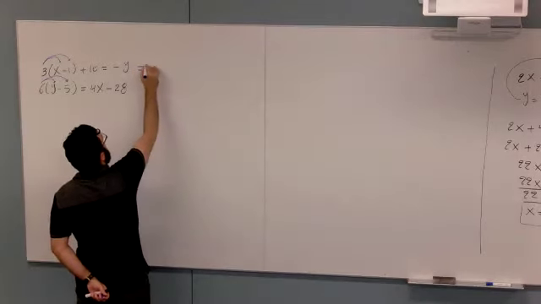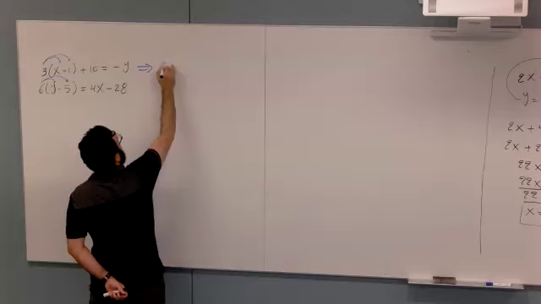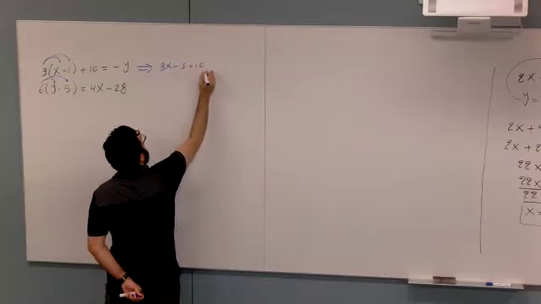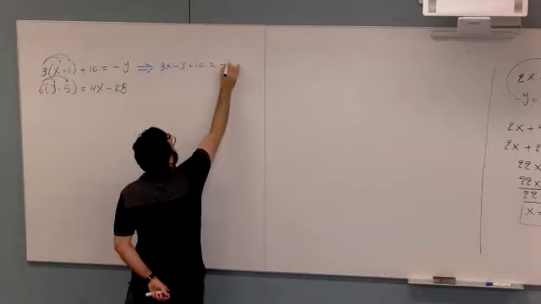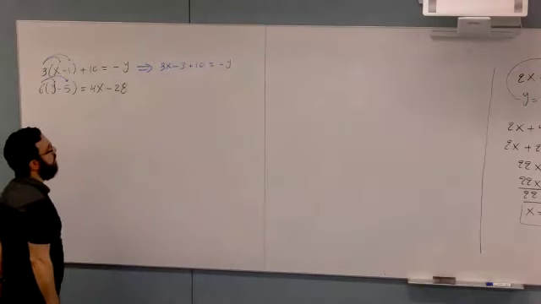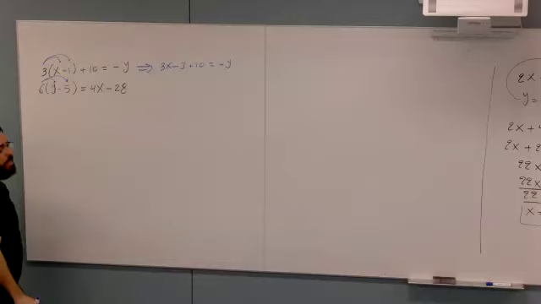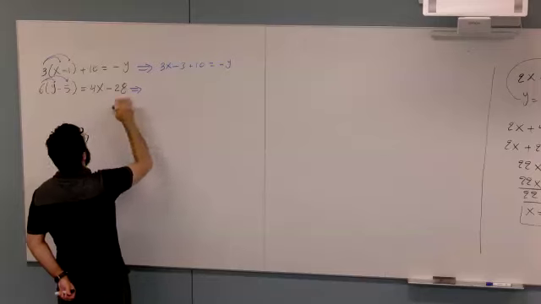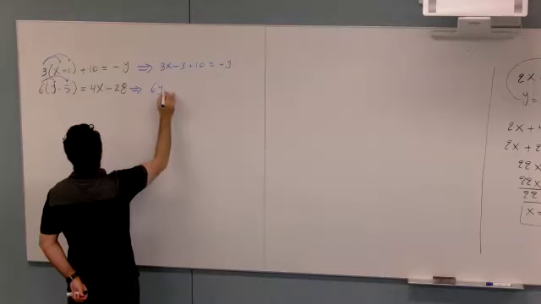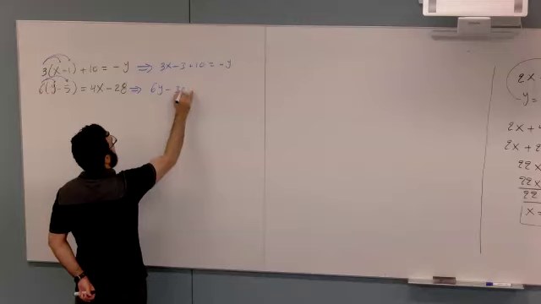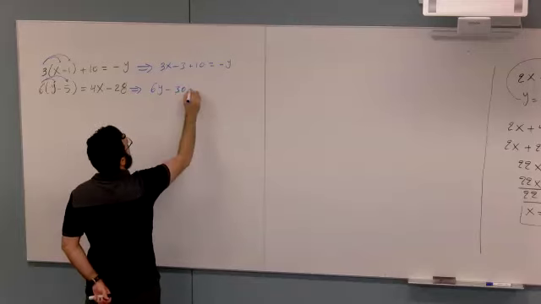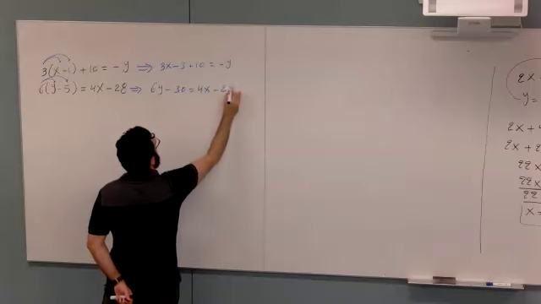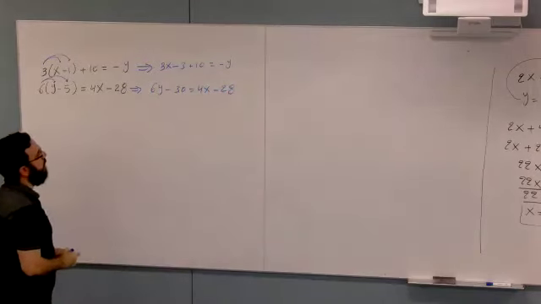So this one is going to be equal what? 3x minus 3 plus 10 for what? Negative 1. All right? And for the second one, 6y minus 30 equal 4x minus 28. Tell me what you're gonna do.